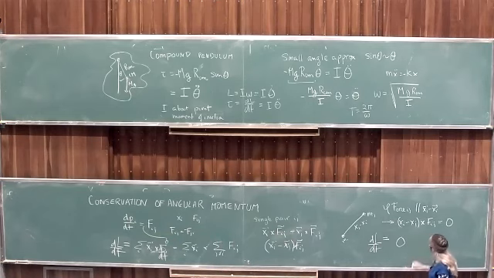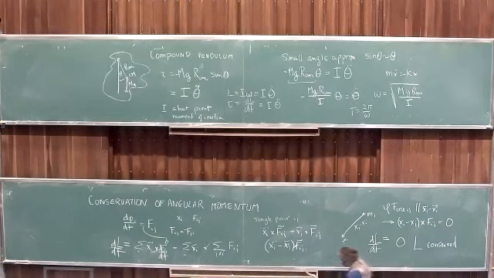So dL/dt is 0 and L is conserved. I didn't want to prove that angular momentum was 0. That would have been bad. I wanted to prove that dL/dt is 0 so that L is conserved.